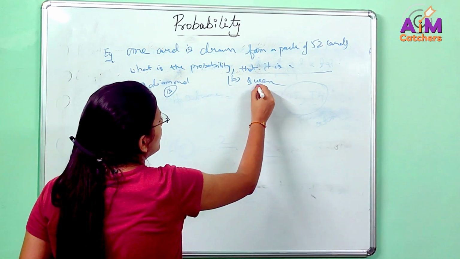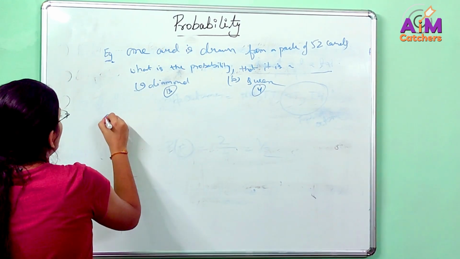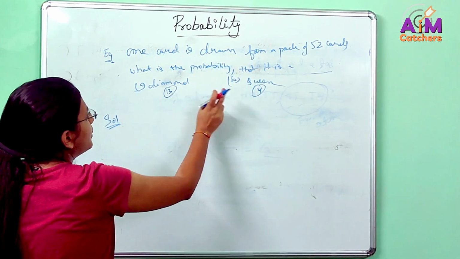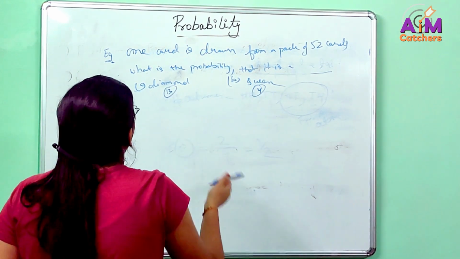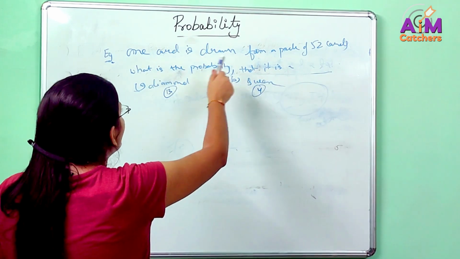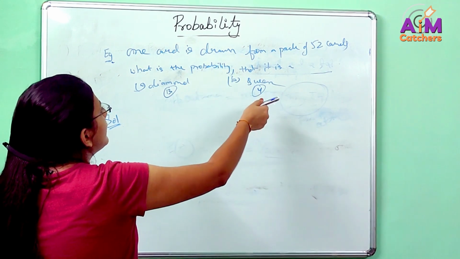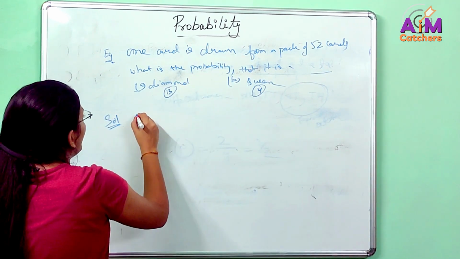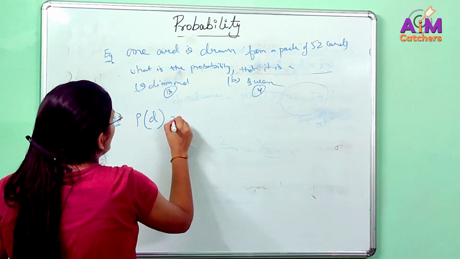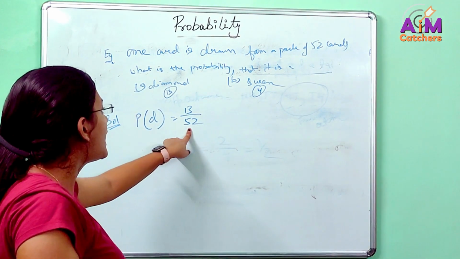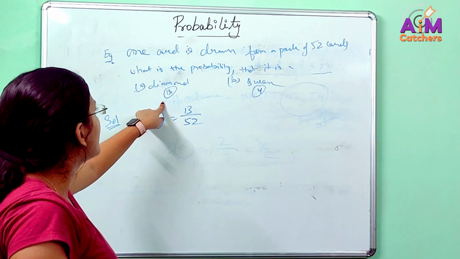You won't get this in your question in your exam. You need to have this information on your own. Okay, so let's solve this. One card is drawn from a pack of 52 cards. What is the probability that it is a diamond? The probability that it is a diamond is 13 by 52, because we have a total of 52 cards and we have 13 diamond cards.